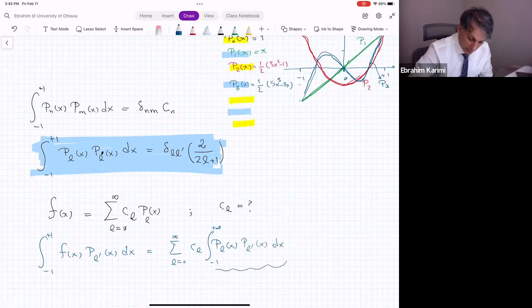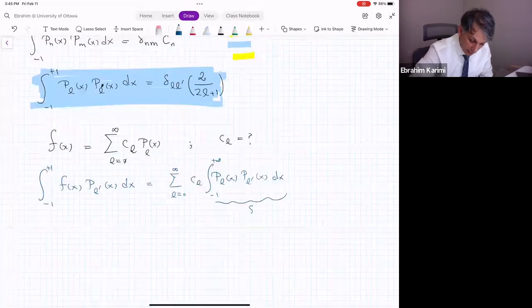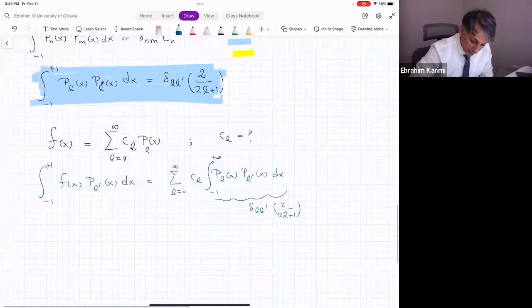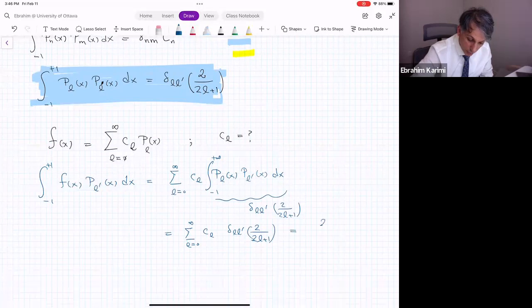And we know that the result of this will be delta of L L prime times 2 divided by 2L plus 1. So we get summation from L equals 0 to infinity, C_L delta of L L prime 2 divided by 2L plus 1. And that is nothing more than 2 C_L prime divided by 2L prime plus 1.